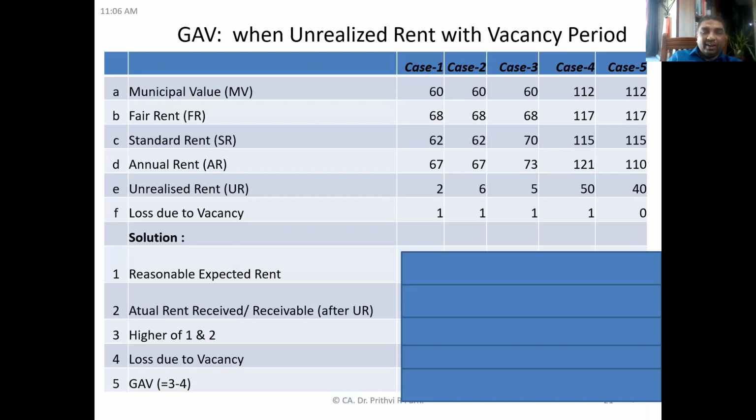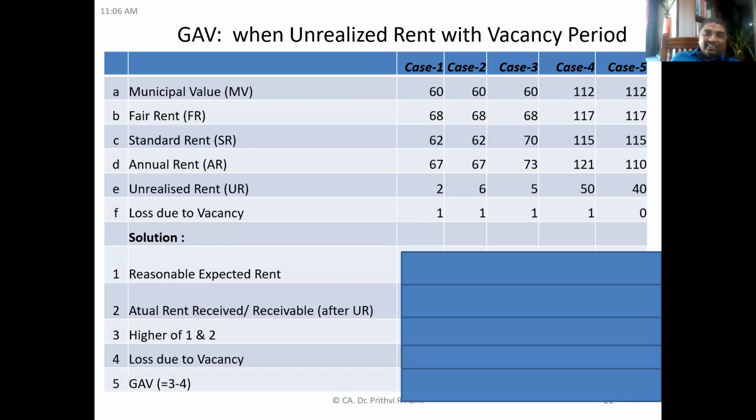Again I'm taking 5 cases. Data available: municipal value, MV, fair rent, FR, standard rent, SR, annual rent, AR, unrealized rent, UR, and loss of vacancies also.